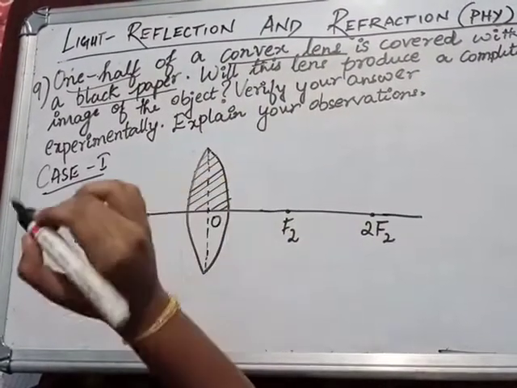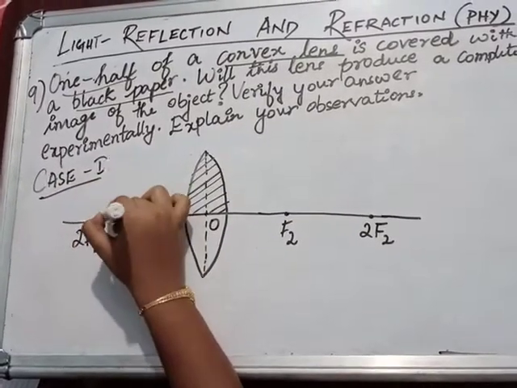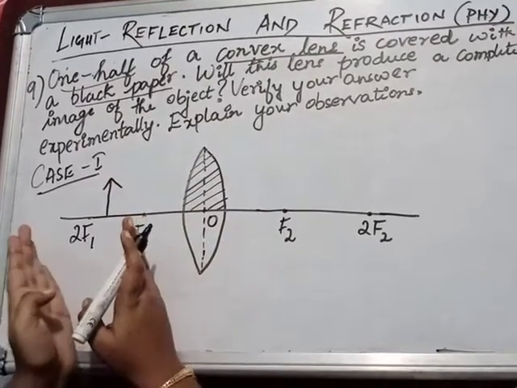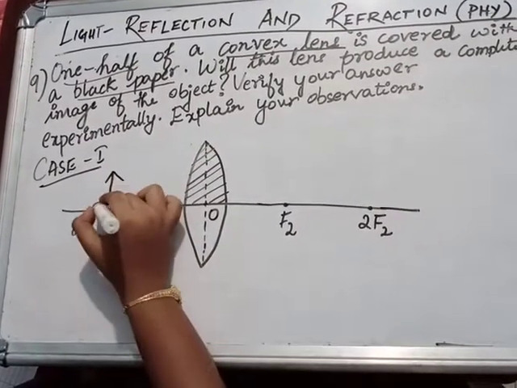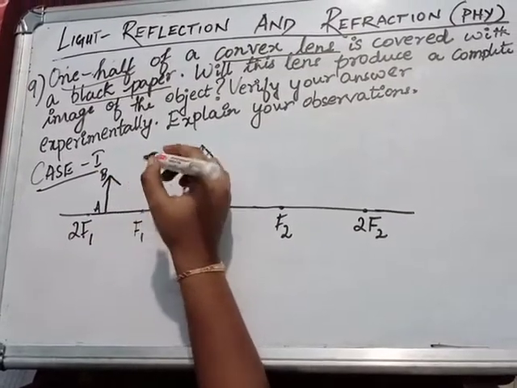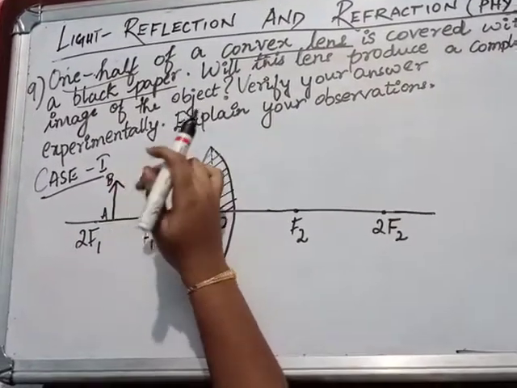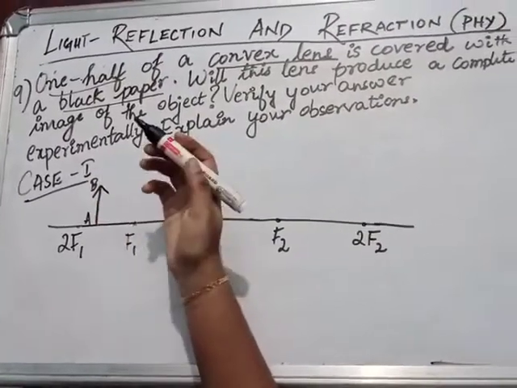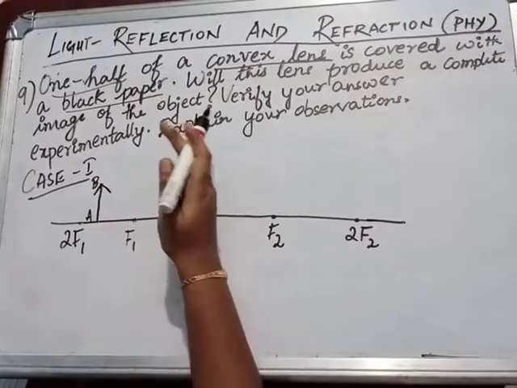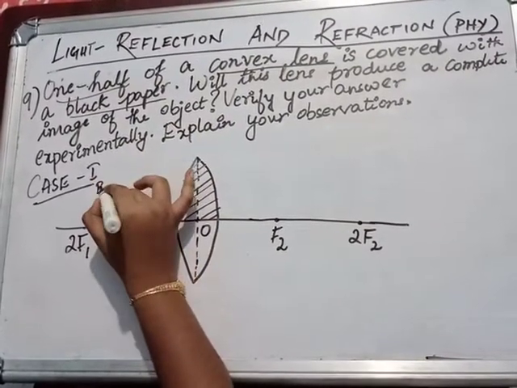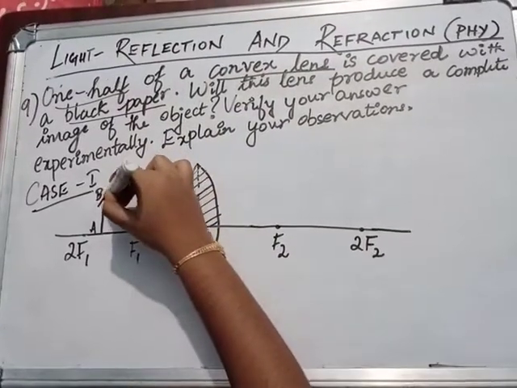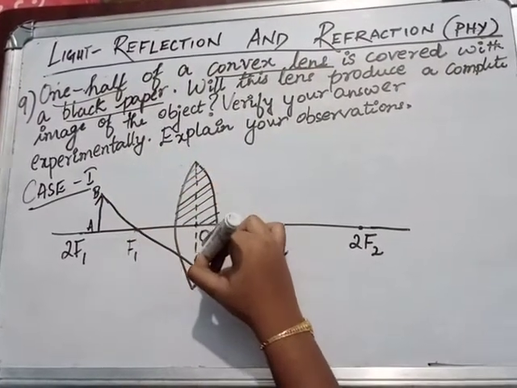Now we will be taking one object, say over here between F1 and 2F1. This is A, B. Now the question arises, how would the refraction take place? The refraction can take place even if the upper half is covered. It will take place downways. Now the first ray goes like this.